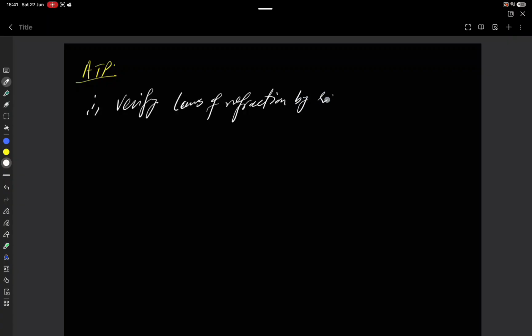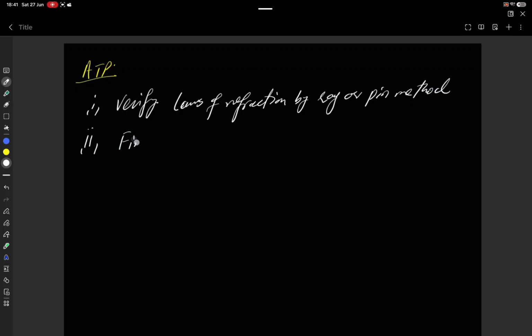So ATP part: verify laws of refraction by ray or pin method.